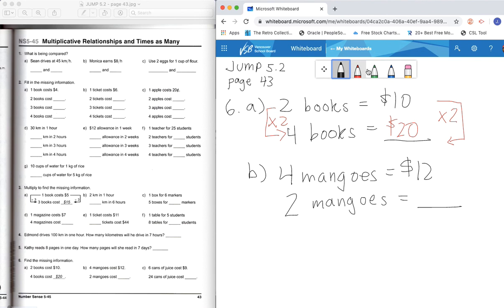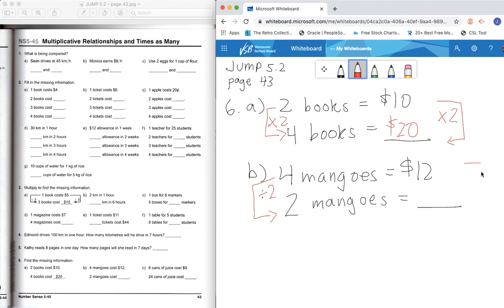All right, so this is going in reverse. Instead of multiplying, because the numbers are getting smaller, it is divided by. So 4 divided by what gives you 2? So 2 is half of 4, right? So it's divided by 2.